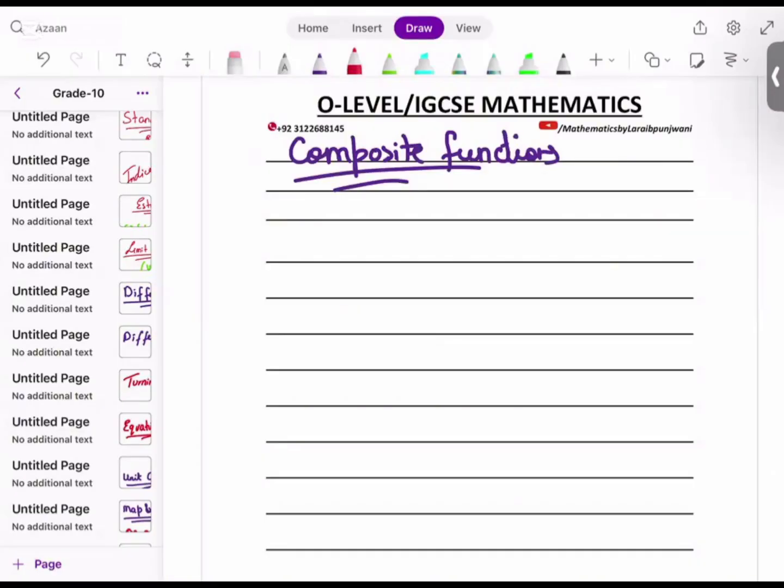If I say it simply, two or more functions joined together is known as a composite function. This is a basic definition of composite function: when two or more functions join together.